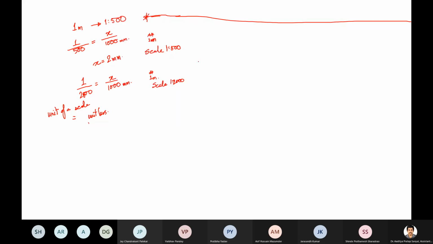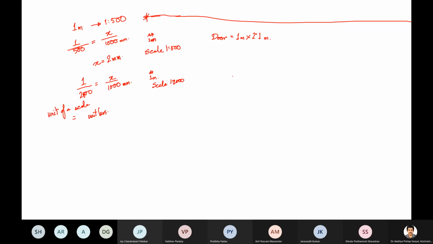You are given a door of dimension, probably, 1 meter by how much height? Probably 2.1 meters. Length by height.